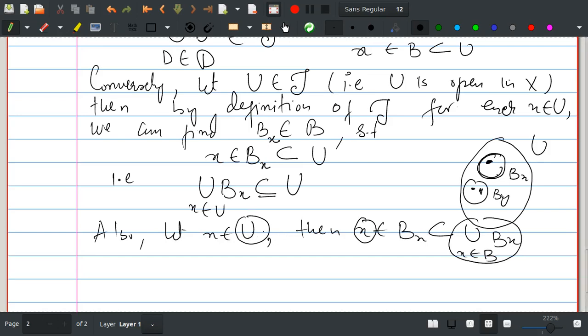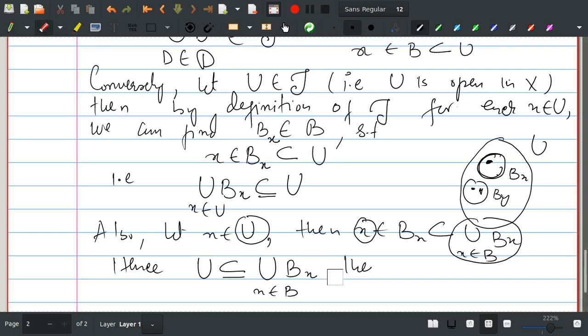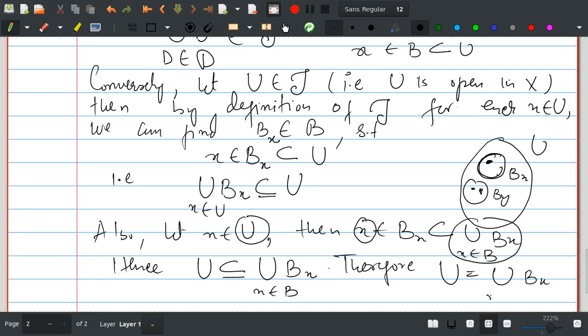That means this U is contained in this union. Hence U is contained in the union of these basic elements. Therefore U is actually the union of these basic elements.